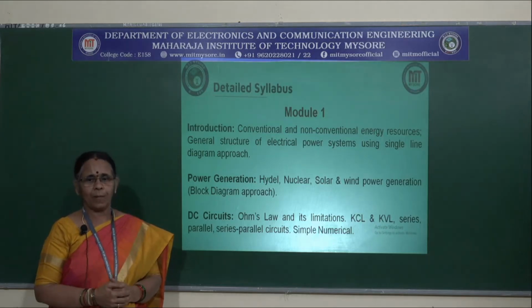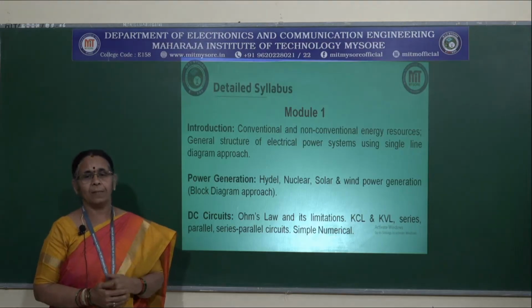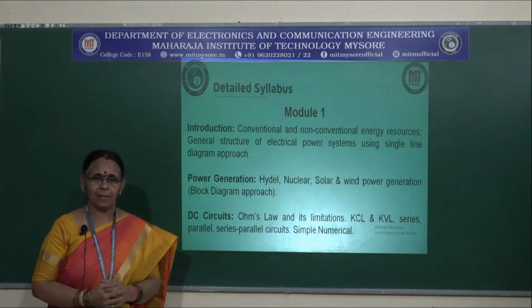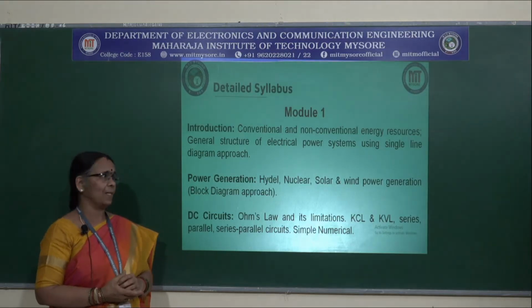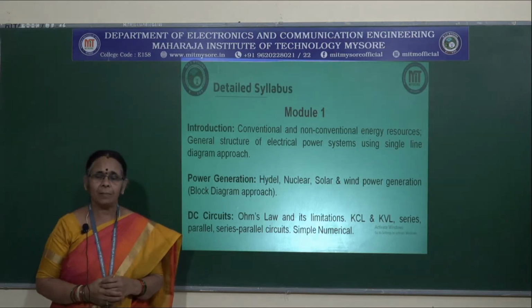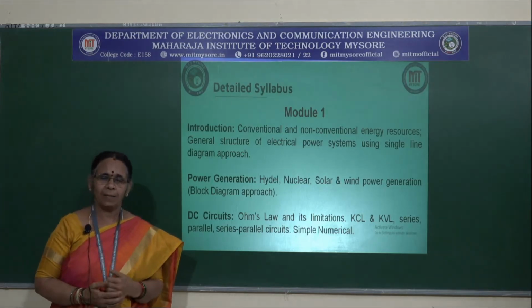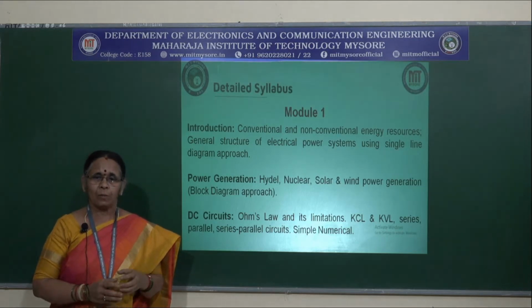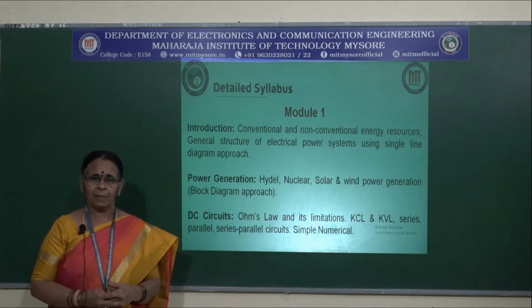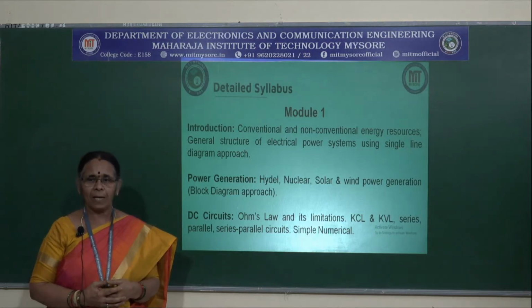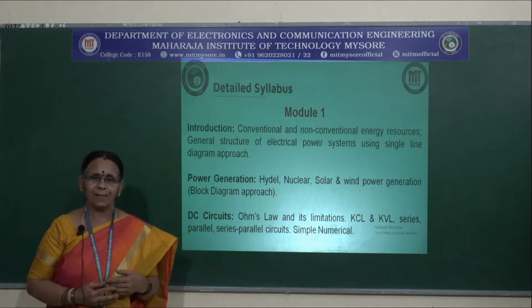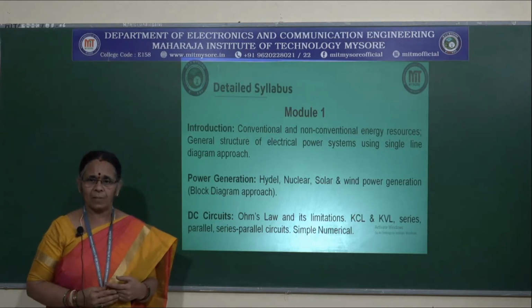In module number 1, we are going to study the basics of electrical engineering, starting with power generation. Power generation basically divides into 2 types, conventional and non-conventional. So it will start with conventional and non-conventional energy resources, and the general structure of an electrical power system using the single line diagram approach.